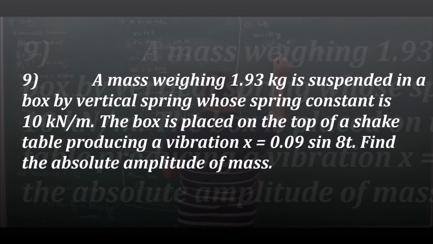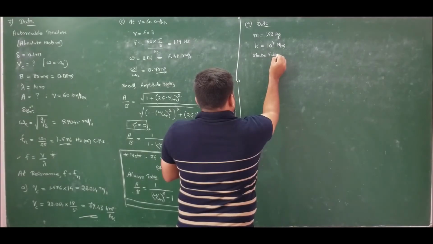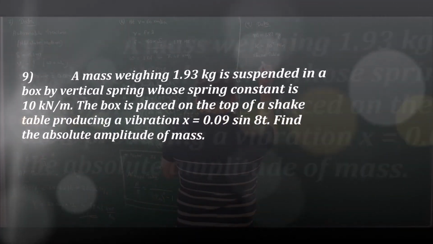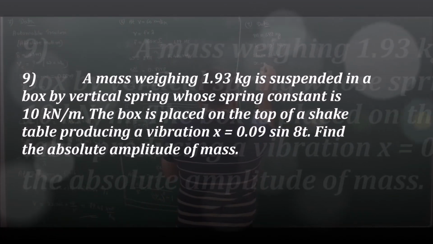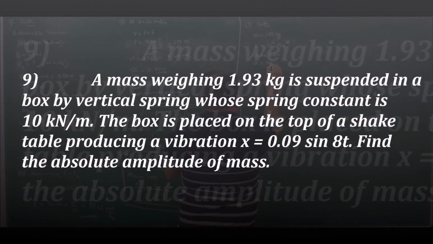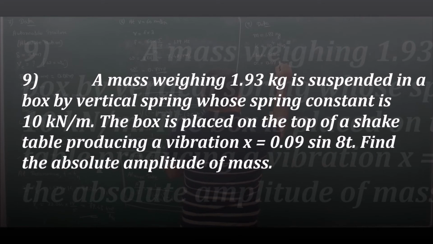The box is placed on the top of a shake table, producing a vibration of x is equal to 0.09 sin 8t. Find the absolute amplitude of mass.